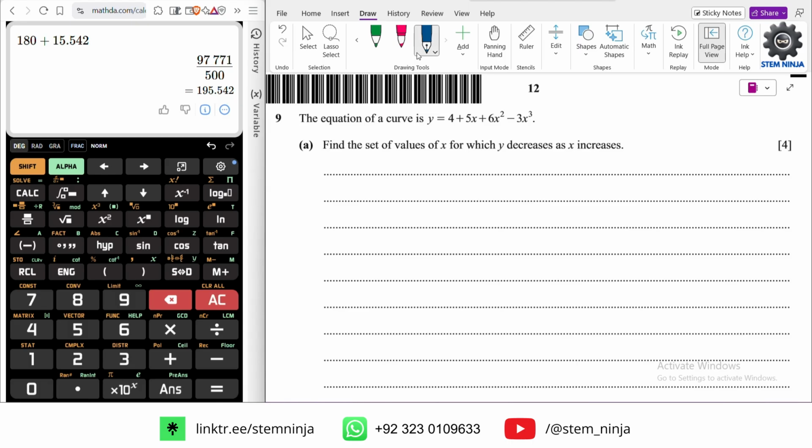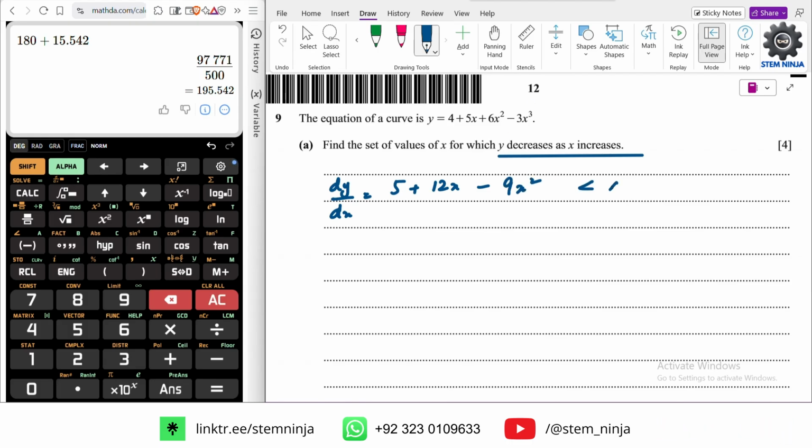The equation of a curve is this: find the set of values of x for which y decreases as x increases. So basically we need to see where dy by dx is less than 0. So dy by dx is, derivative of 4 is 0, 5 plus 12x minus 3 times 3, 9x squared.